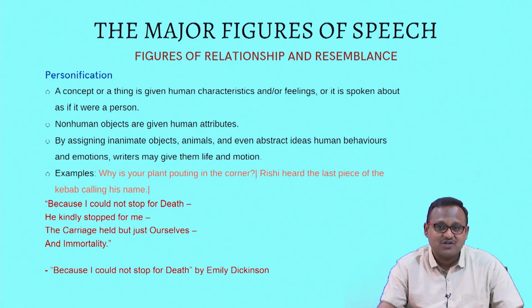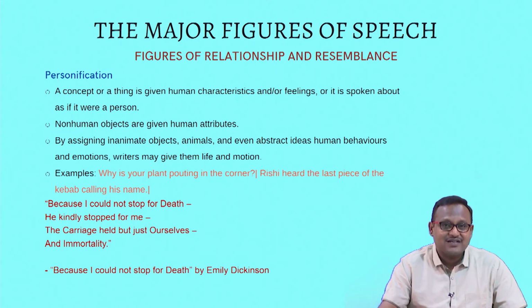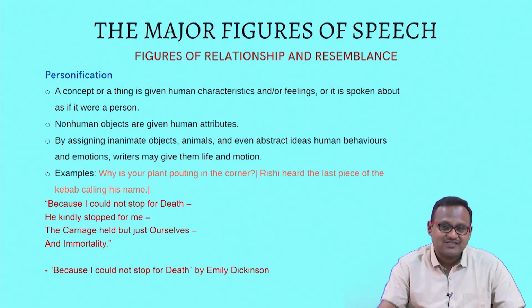She attributes the qualities of a fellow human being to death and calls death her friend. Because I could not stop for death, he kindly stopped for me. Look at this interesting choice of the pronoun here, he, for death. The carriage held but just ourselves and immortality, in the carriage.